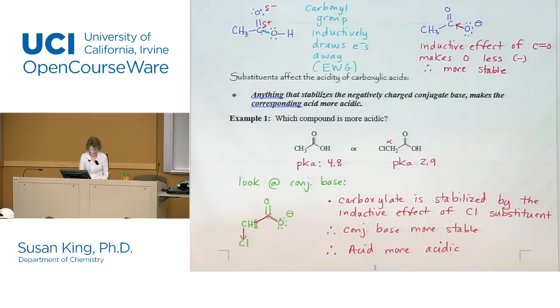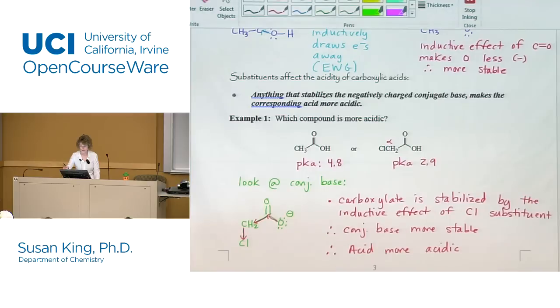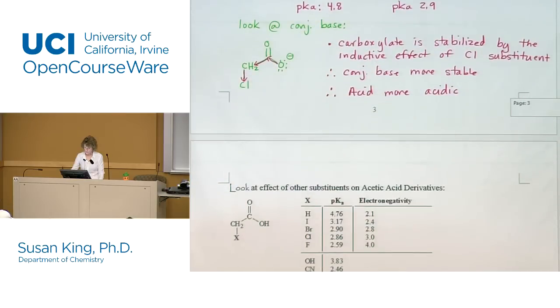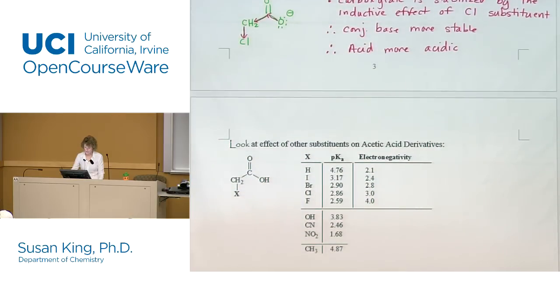And definitely this next slide, this is the inductive effect of other substituents on the next page. And definitely this is straight off of my 51A notes. So let's take a look at this. And this is just comparing different groups that are in, again, the alpha position. So basically, let's look at the conjugate base, what this is going to do for us.